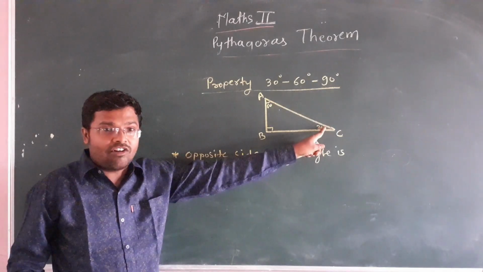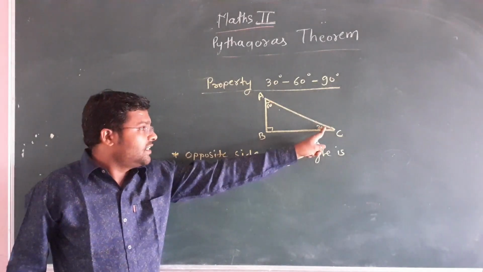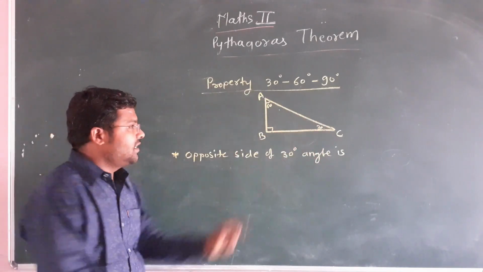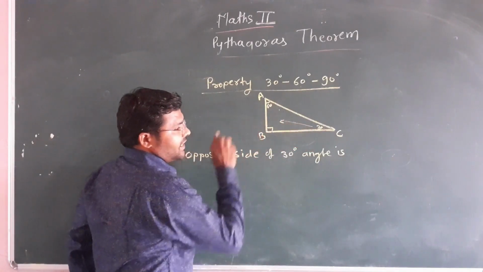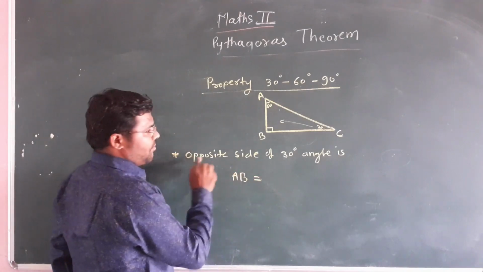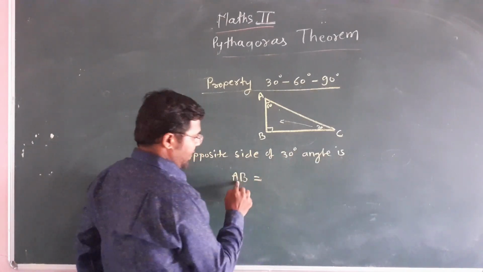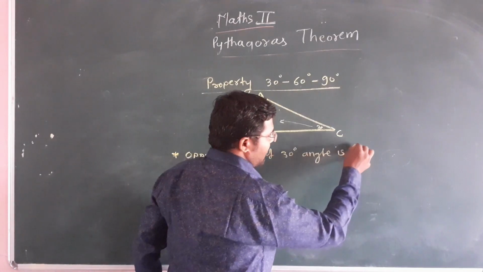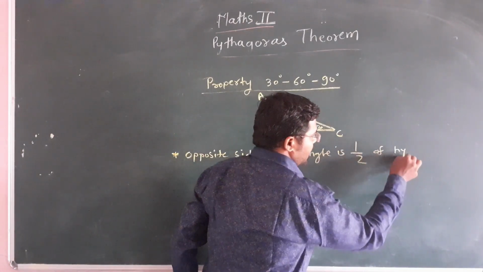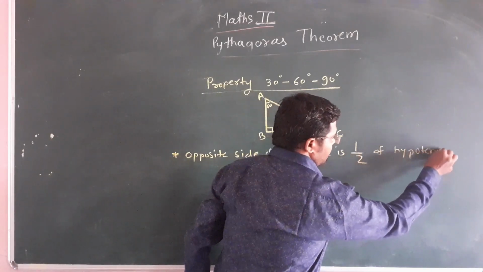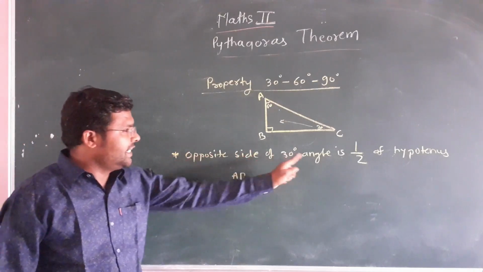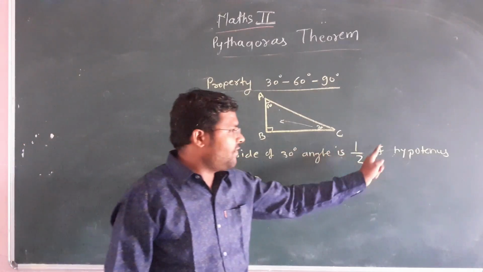Which one is the opposite side of the 30 degree angle? It's AB. So AB is always half, half means 1 upon 2, of the hypotenuse. The first property: opposite side of 30 degree angle is half of the hypotenuse.